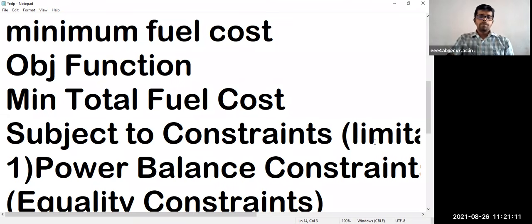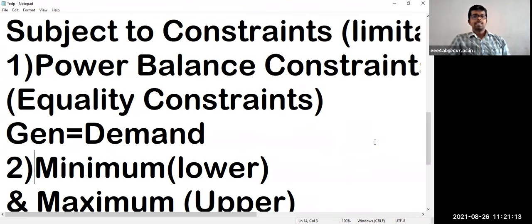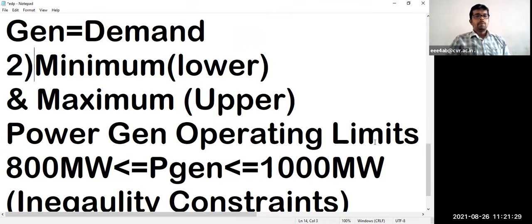There are two types of constraints. The first one is the power balance constraint, nothing but generation equals the demand. Whatever generation is happening equals the load, or equals the demand. The second constraint is minimum and maximum operating limits.